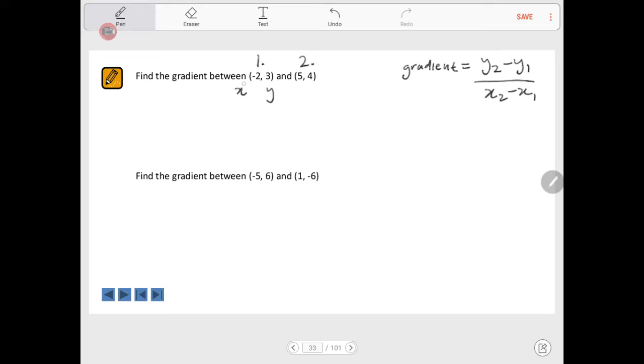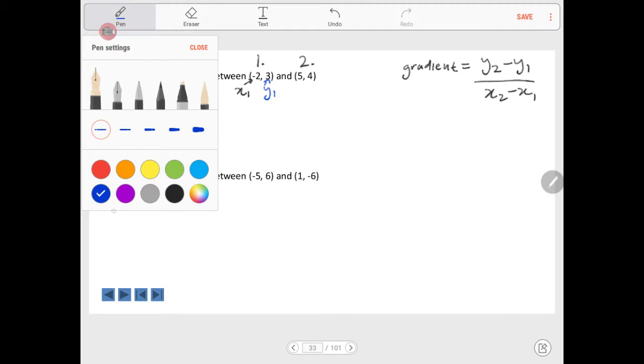So given that this is coordinate point number 1, we'll call this value x1, and we'll call this one y1. Okay, so the x coordinate from point 1 and the y coordinate from point 1.